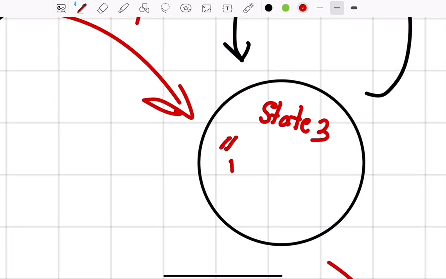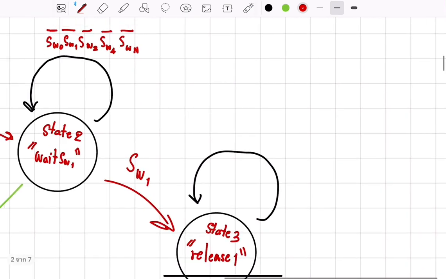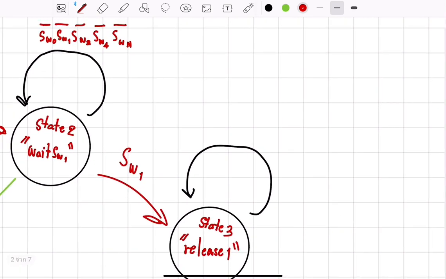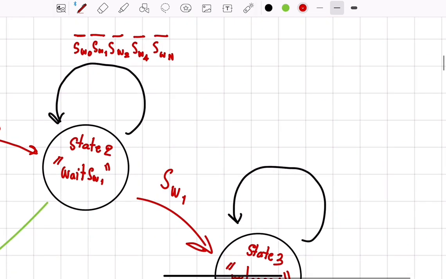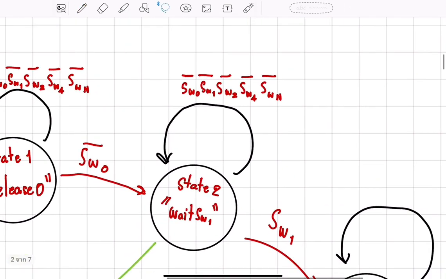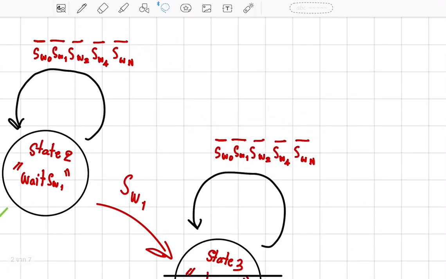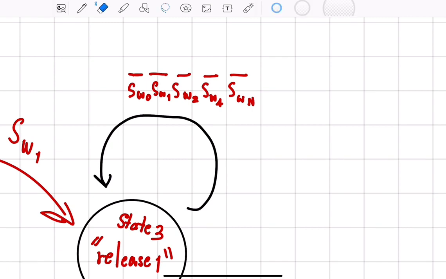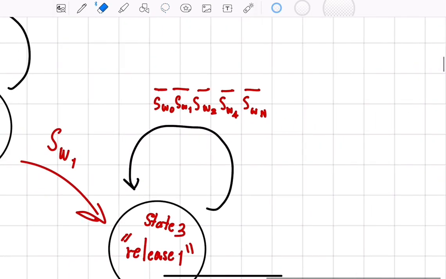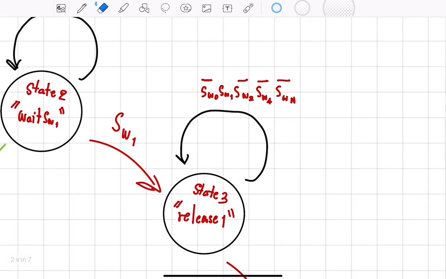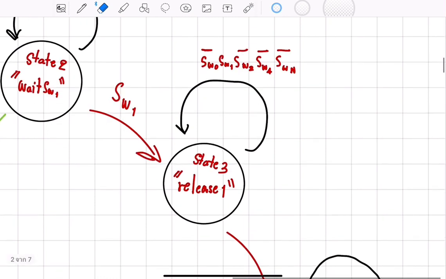Okay, state 3 is relay 1, and that means I don't put switch 1, and I put switch 0, switch 4, switch 5, switch N. It means working again.